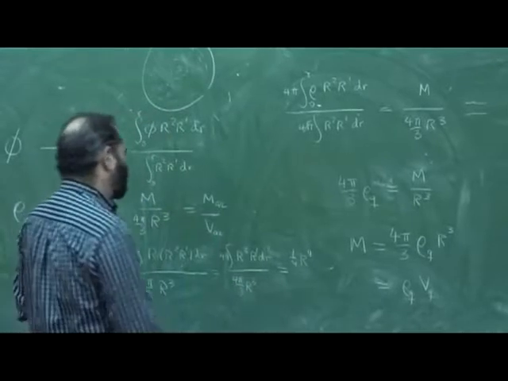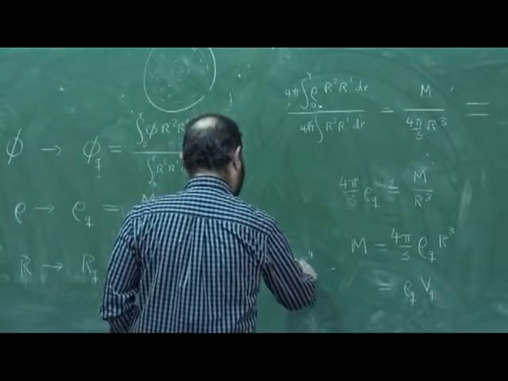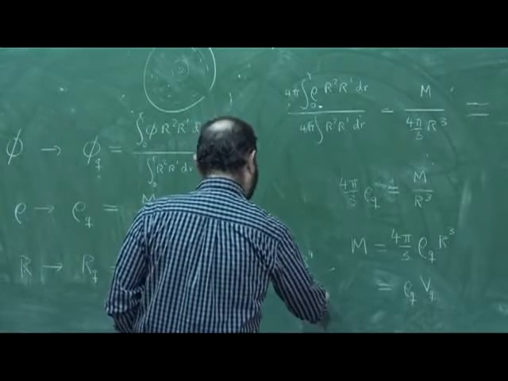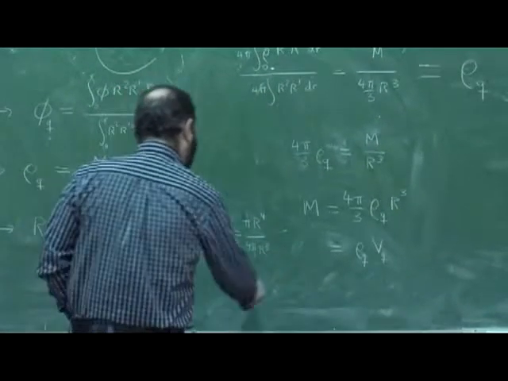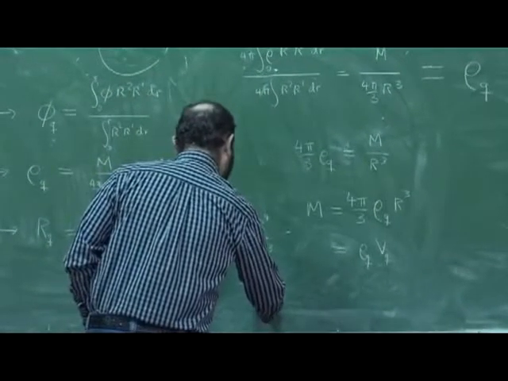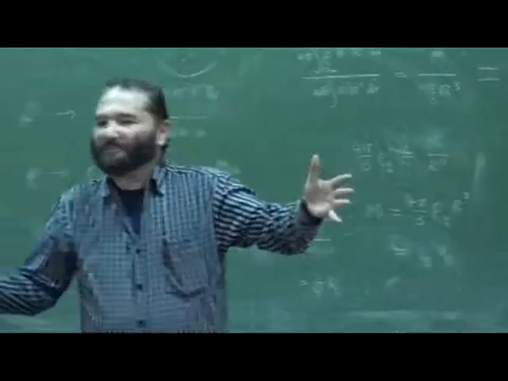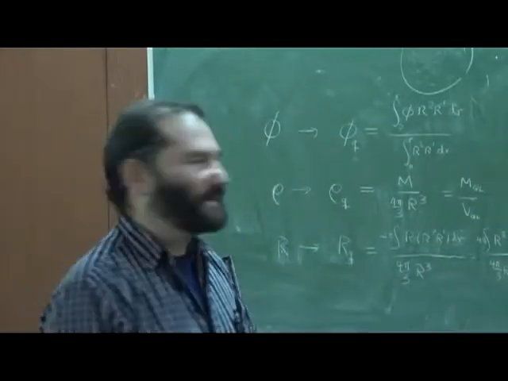So this is pi, and this is 4 pi over 3 R^2. This is 3/4 R. Maybe that's not useful, but it can be done.